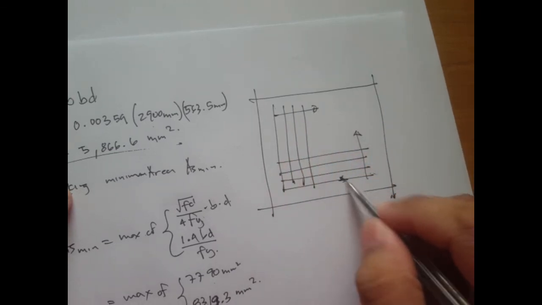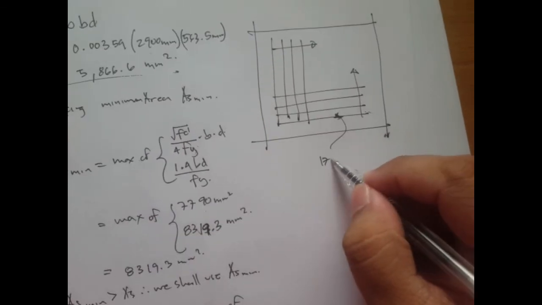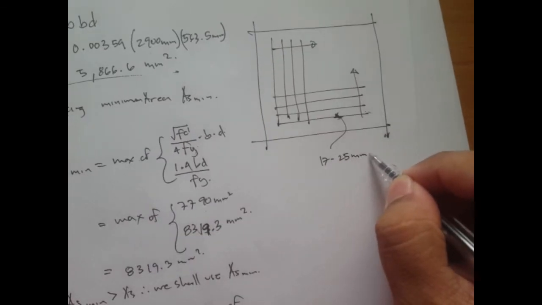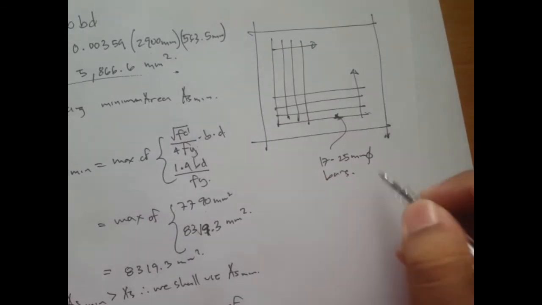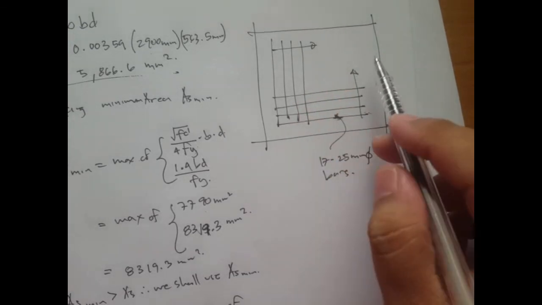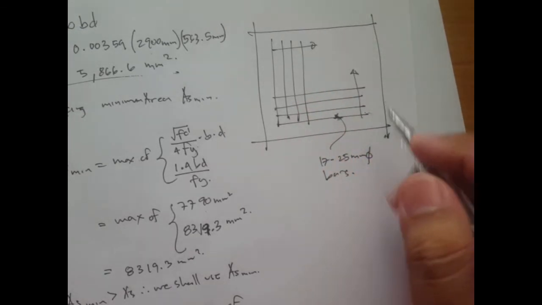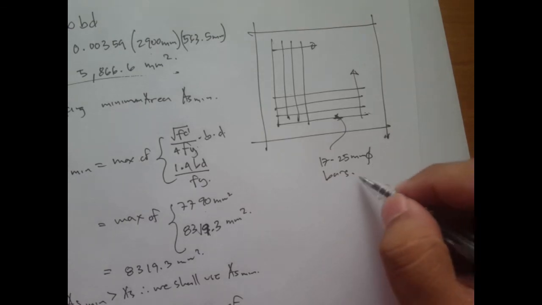We can write something like 17 25 mm diameter bars, and since it's just a square footing, it's the same 17.